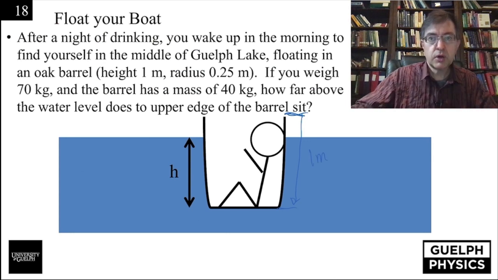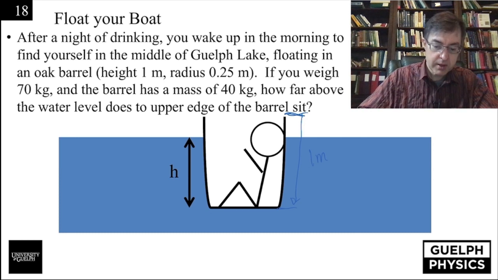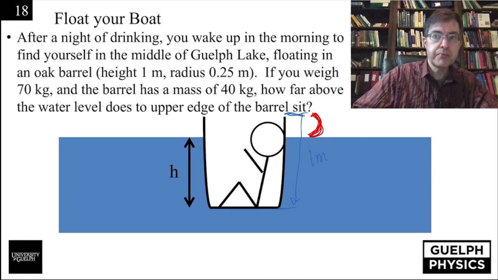Okay, so if you weigh 70 kilograms and the barrel has a mass of 40 kilograms, how far above the water level does the upper edge of the barrel sit? So the question wants us to calculate this height here.